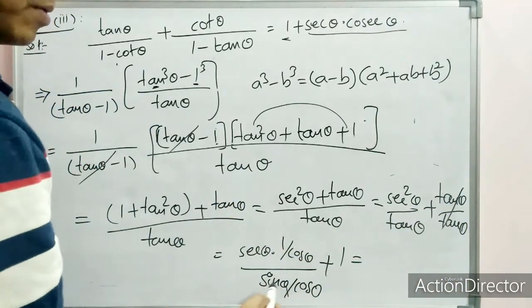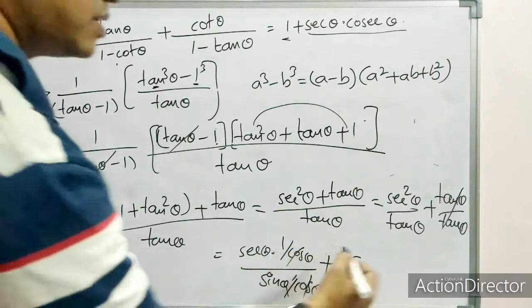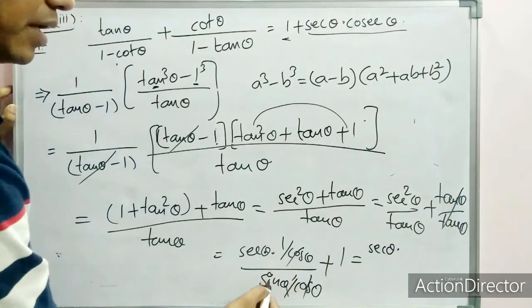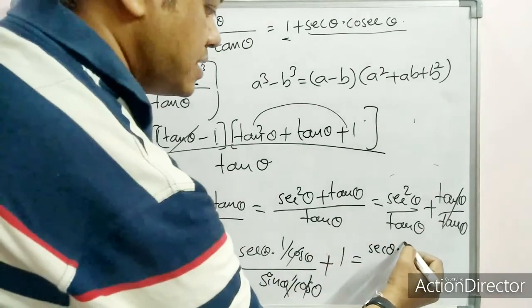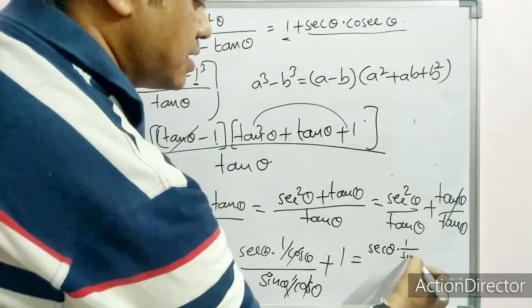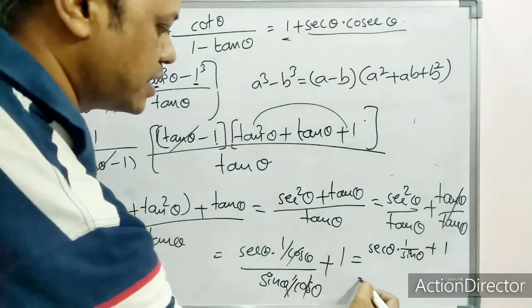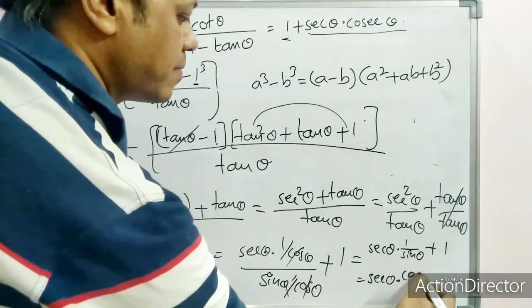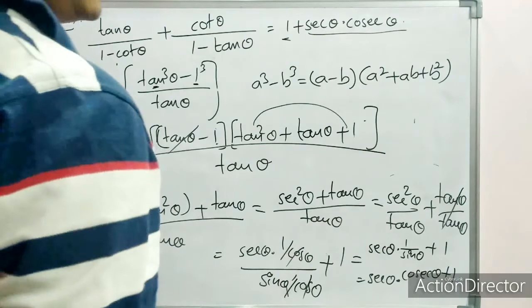Now you observe cos will get cancelled. Now secant theta into, in the denominator I got sin theta, that is 1 by sin theta, plus 1. This is nothing but secant theta into 1 by sin, which is cosecant theta, plus 1. So this is the RHS part.